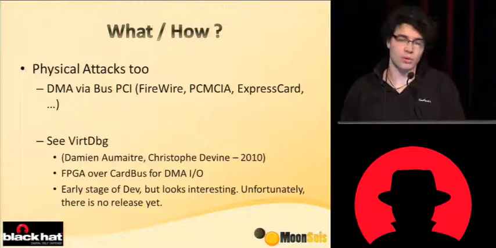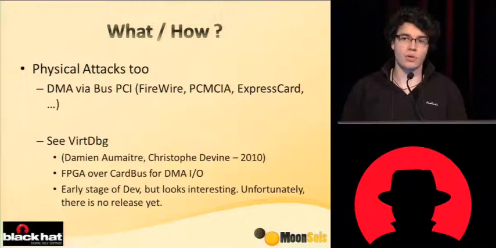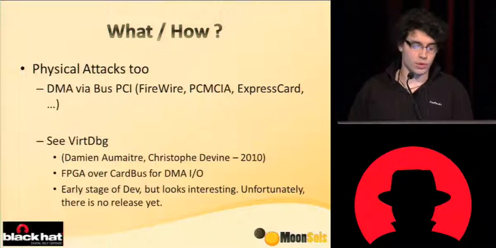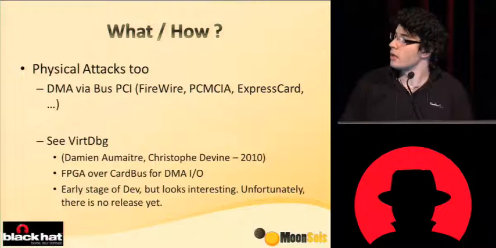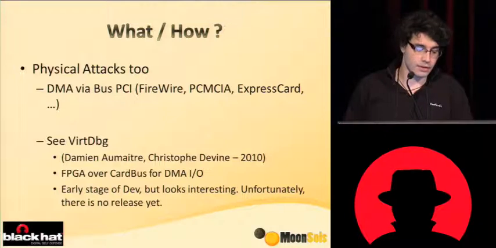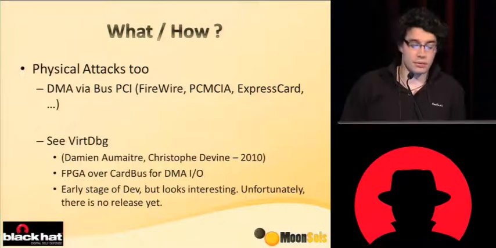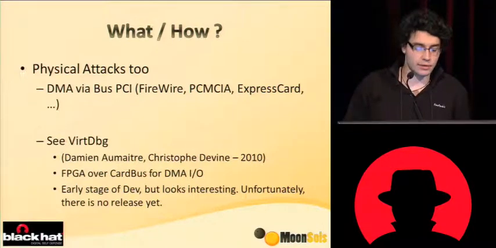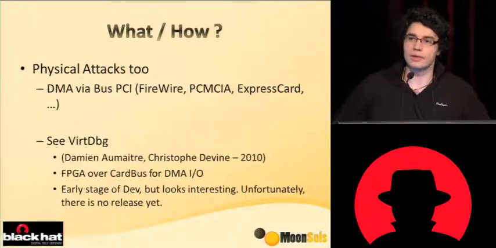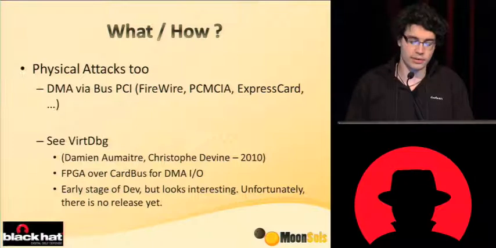There are also physical ways to access the physical memory, of course. This has already been covered many times by a lot of people, so I'm not going to talk about this. Of course, you have DMA, direct memory access, by using FireWire, PCMCIA, etc. If you want to learn more about physical attacks or physical acquisition, I suggest you refer to the VirtDBG talk of Damien Aumetre and Christophe Devine.